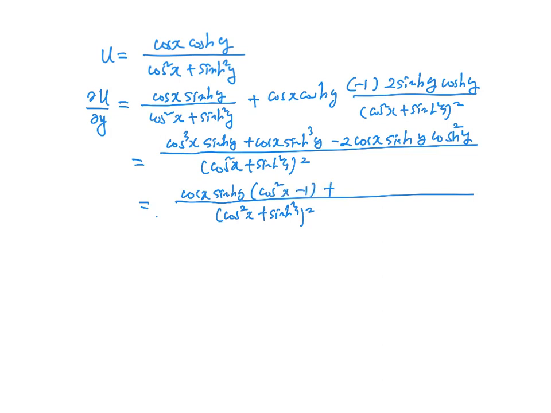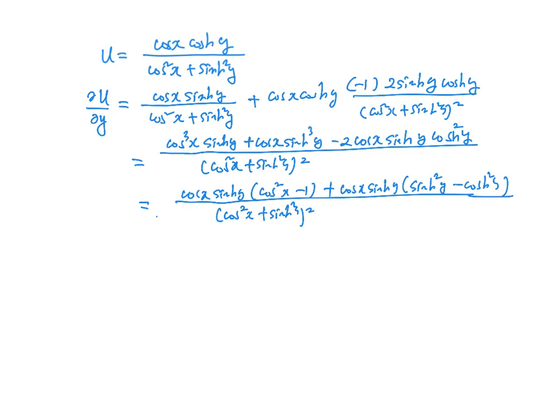Plus, next one is cosine x sine hyperbolic. We have sine hyperbolic square minus, we have a formula, right?